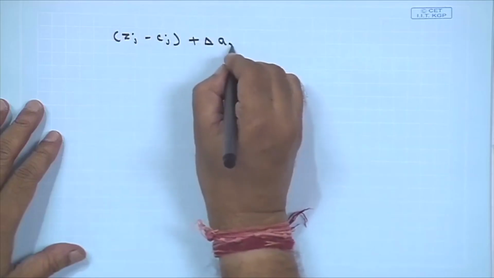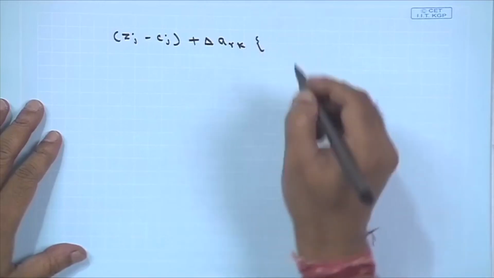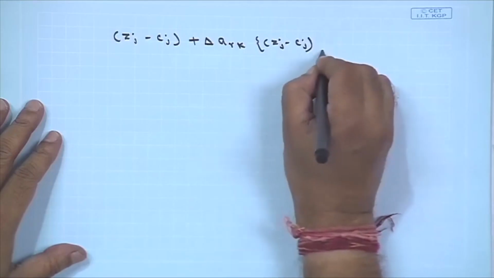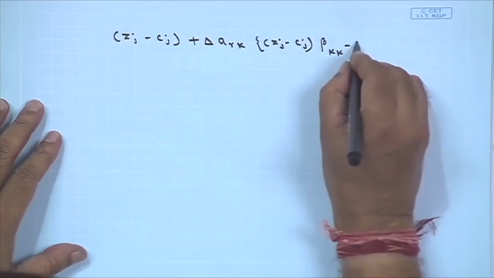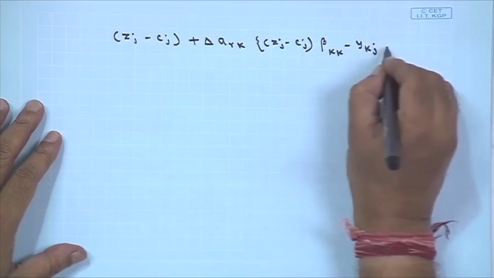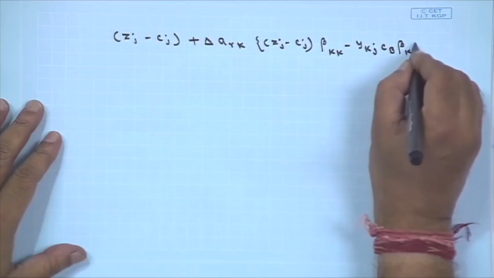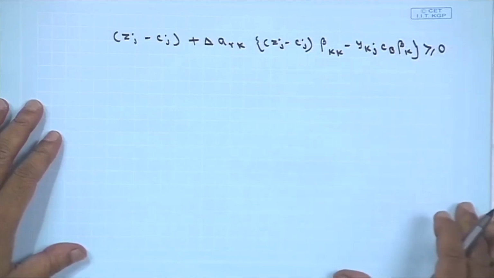plus delta a_rk into z_j minus c_j into beta_kk, minus y_kj c_B into beta_k, this has to be greater than or equal to 0.